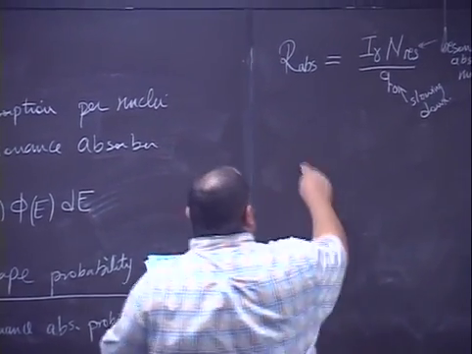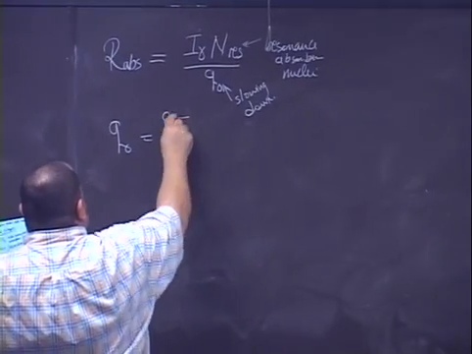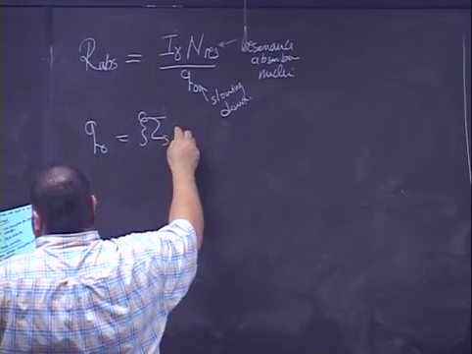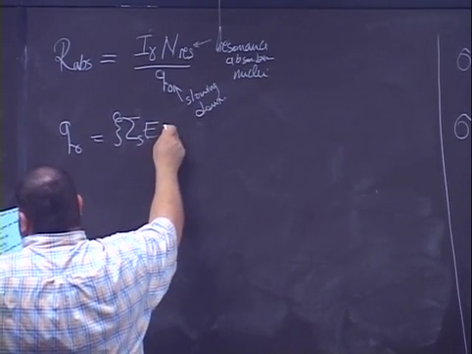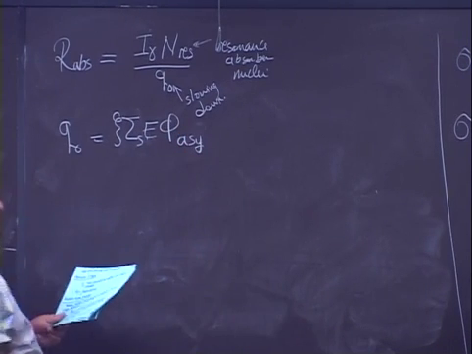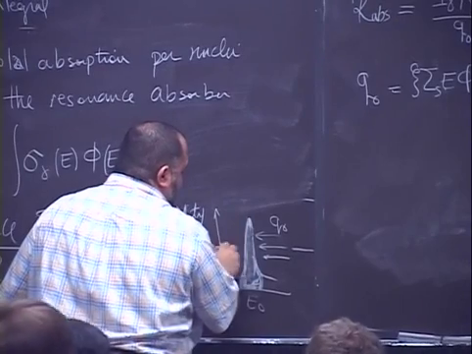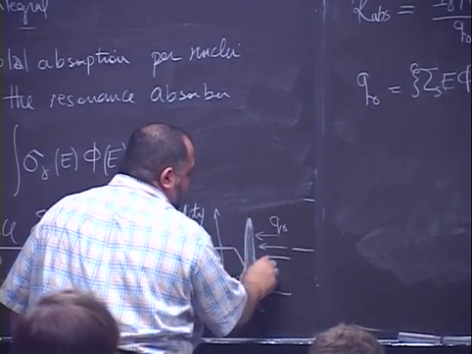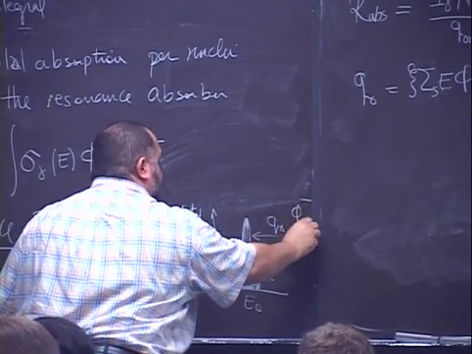So what's Q naught from the last lectures? Xi sigma scattering multiplied by the energy E multiplied by what? The asymptotic flux. And again, I told you that the asymptotic flux is just a flux far away from what? From the resonance. This is phi asymptotic.